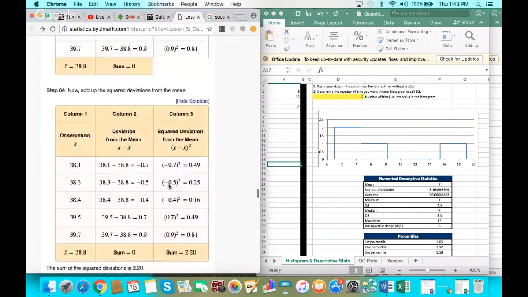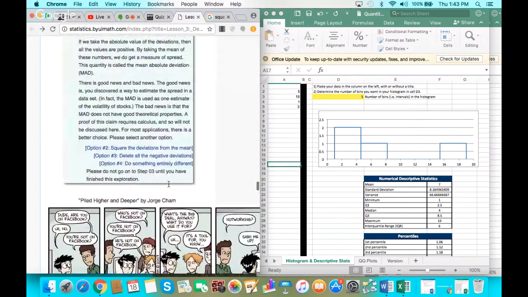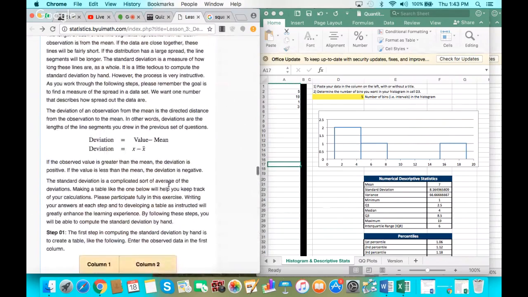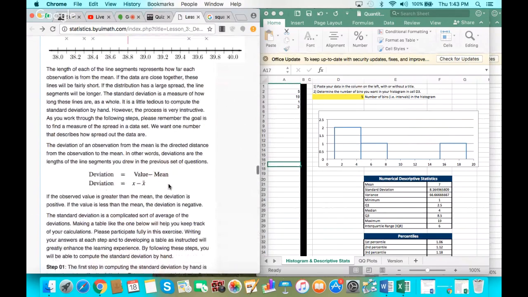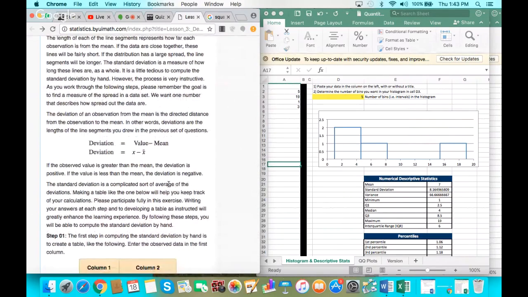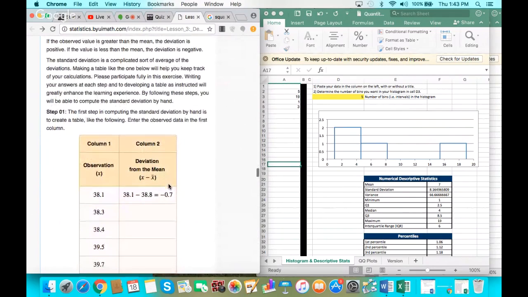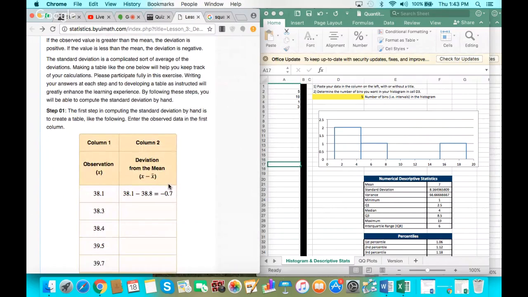That's step 6. Here's step 1. Okay, so we have our deviation. We're doing 5 minus 7 because 7's the mean.